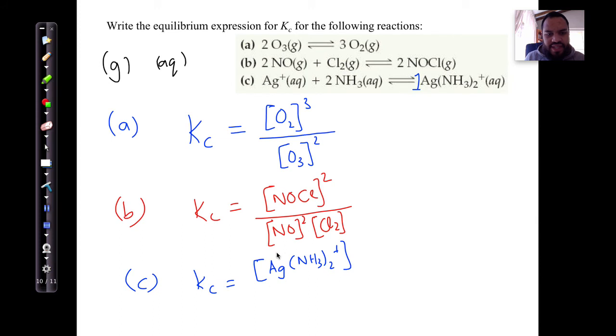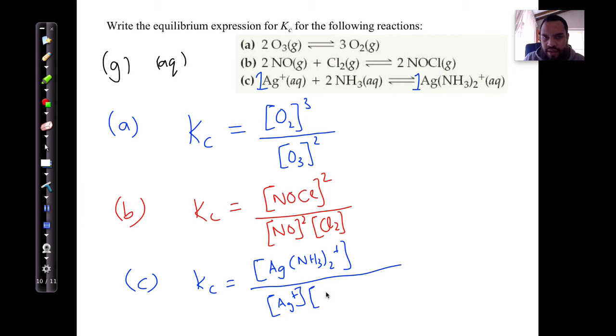Same with the chlorine gas, divided by our reactants over here, the silver ion, Ag plus, raised to the power of 1 because there's a 1 there if you don't see it, and in this case it's balanced already. If these reactions are not balanced, you will have to balance them, but in most cases in the matric examination you're given a balanced equation.